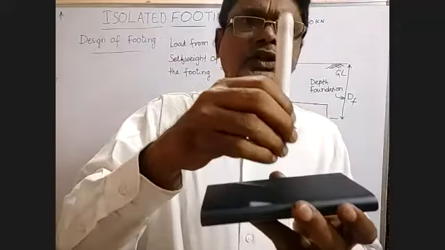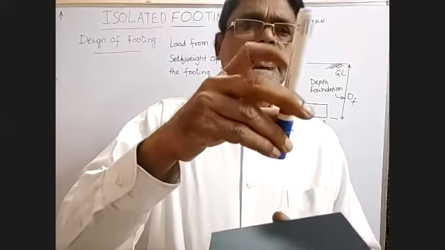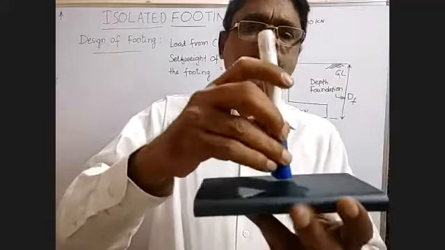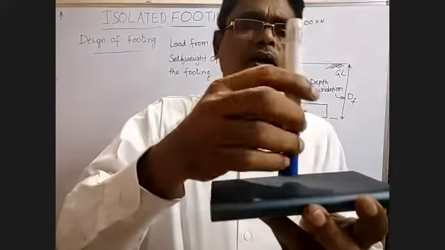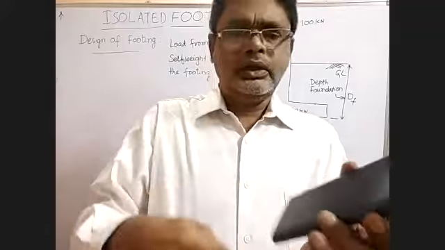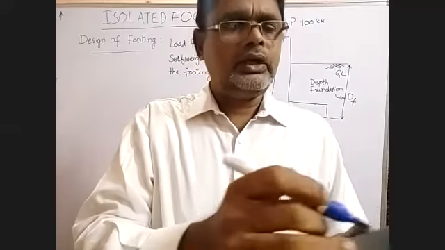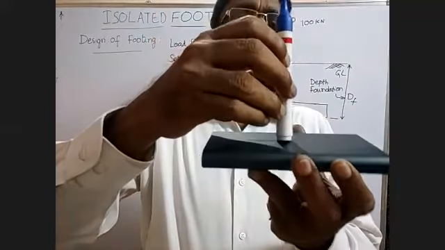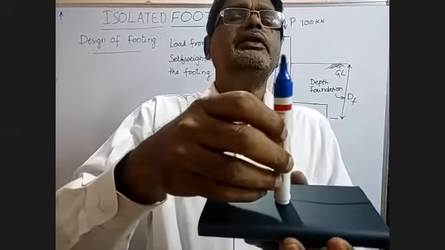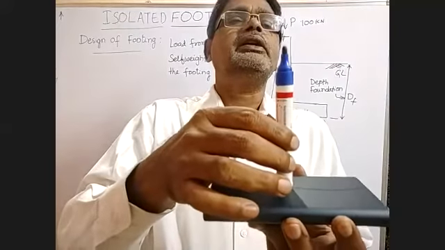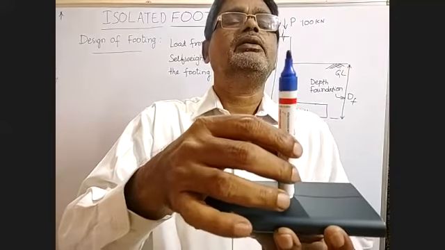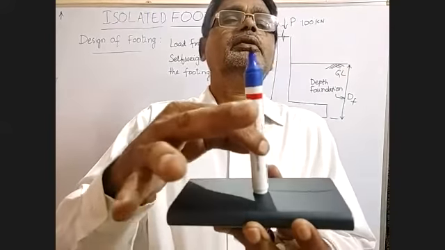When the CG of this column, that is the axis of this member, and the CG of this footing coincide, that is, if the column is placed at the center, this we call a concentrically loaded footing. Concentrically loaded column footing.